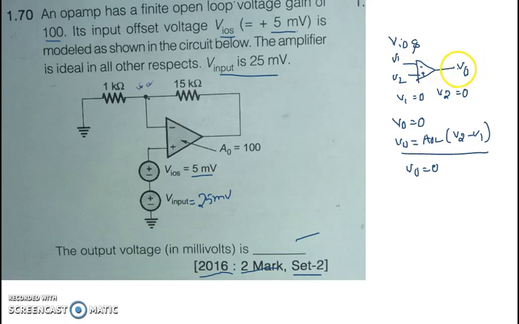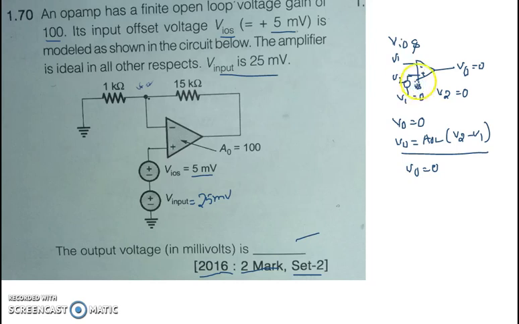Why? Because of some internal reasons inside the operational amplifier. So to make the output 0, I have to give some input voltage to one of the inputs. This input voltage is nothing but the input offset voltage.